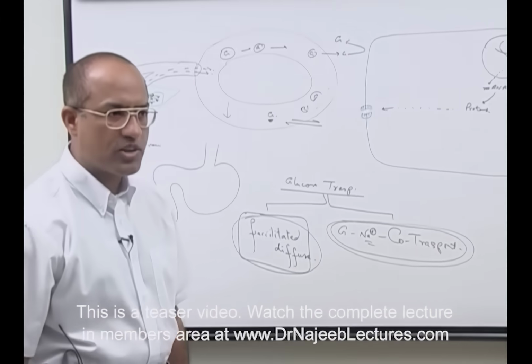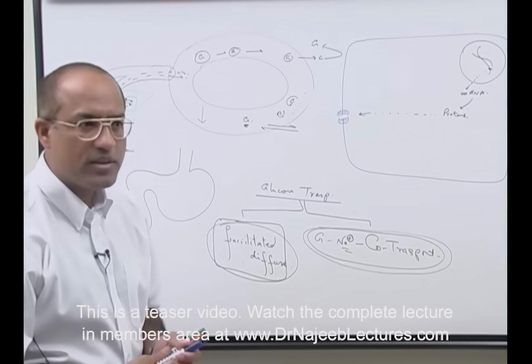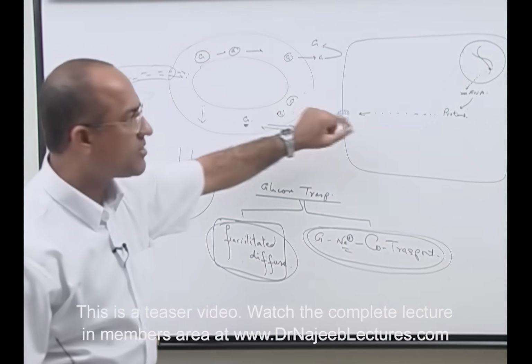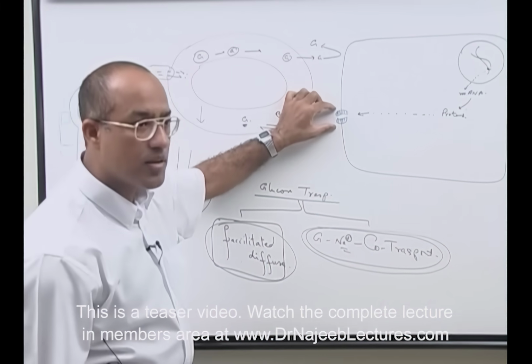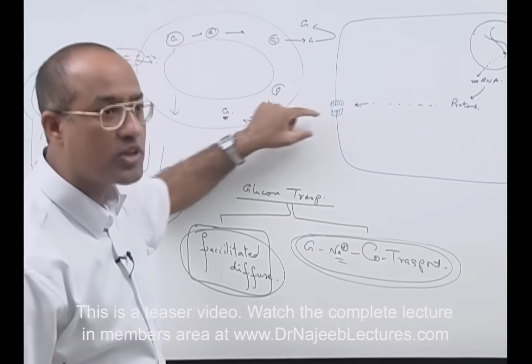This is a special type of protein which is being expressed right on the membrane. This is a transmembrane protein because it is through and through.